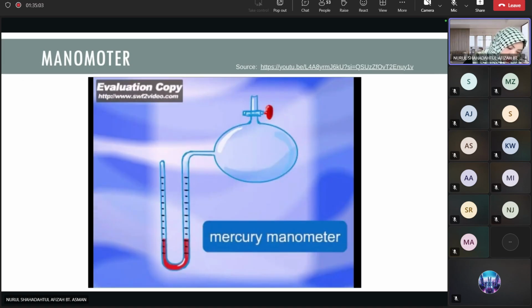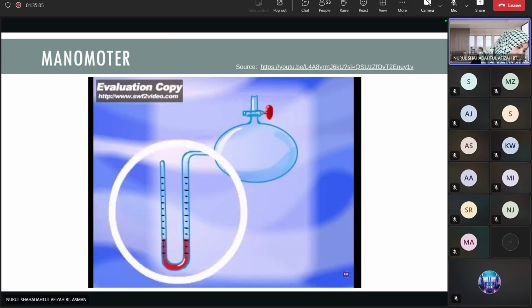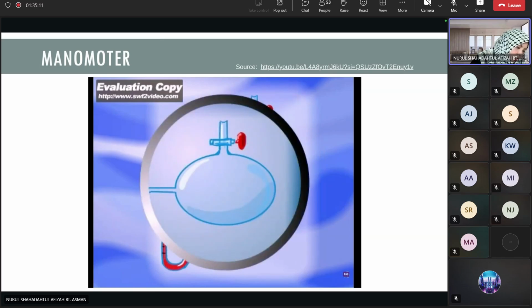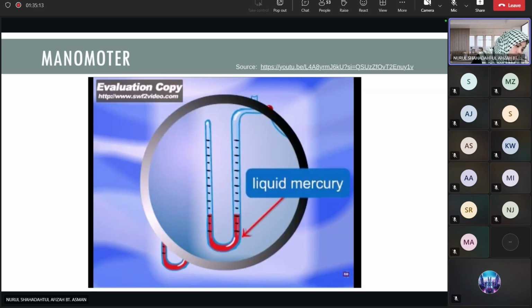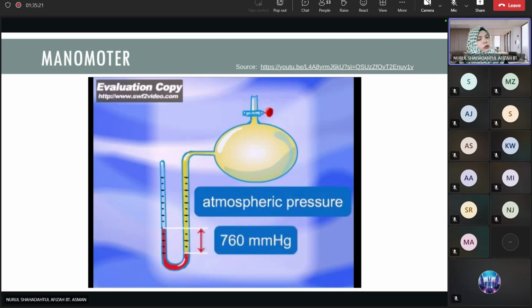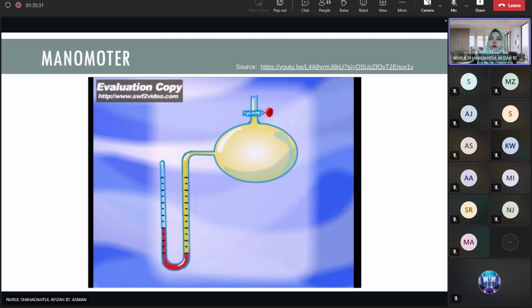Measured by manometers. The simplest manometer consists of a graduated U-shaped glass tube closed at one end and connected to the gas container at the other end. The tube is filled with liquid mercury. When there is normal atmospheric pressure inside the container, air pushes a column of mercury up to a height of 760 millimeters of mercury. At this height, the pressure exerted by the mercury column balances the pressure exerted by the air. As air is removed from the container, the air pressure is reduced, and the column of mercury drops down.